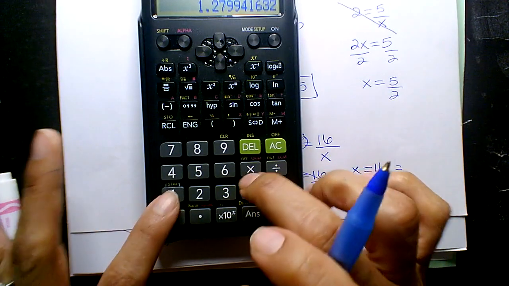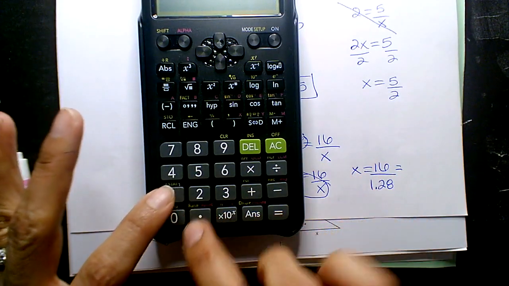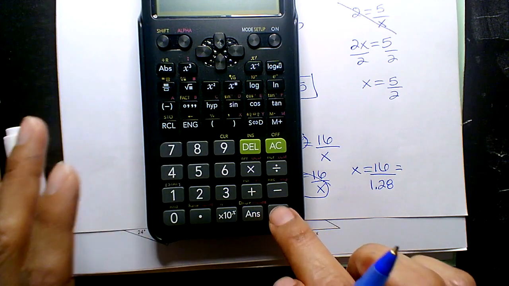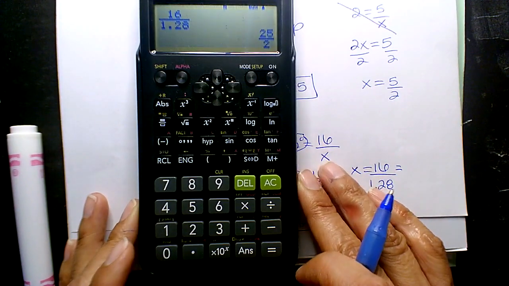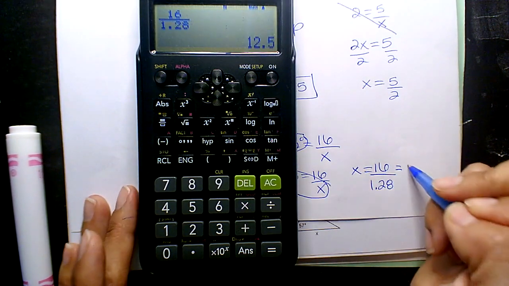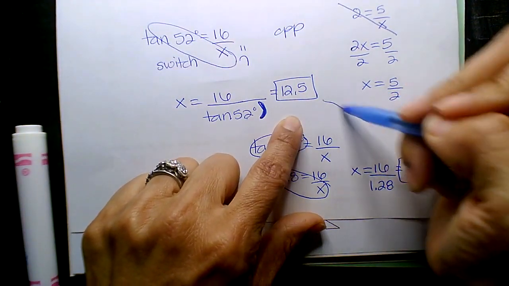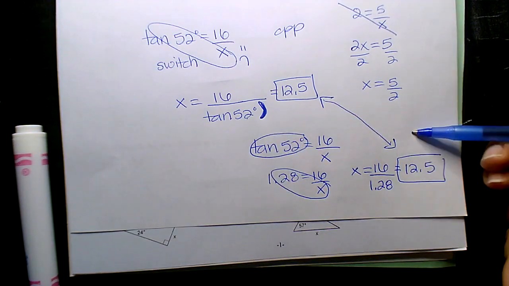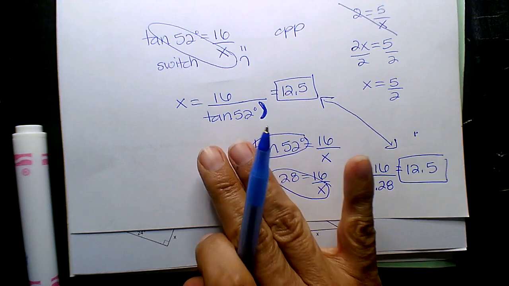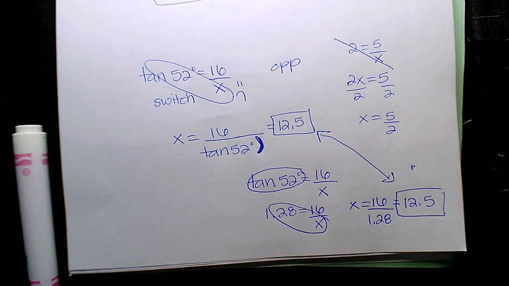You throw that in the calculator, and you get 12.5. You see, we get actually the exact same answer. So find what you're comfortable with. Because it's scale factoring, it's a cross product property, you can make it into 3 steps or you could do it in one shot. You just have to figure out what you like on the calculator.